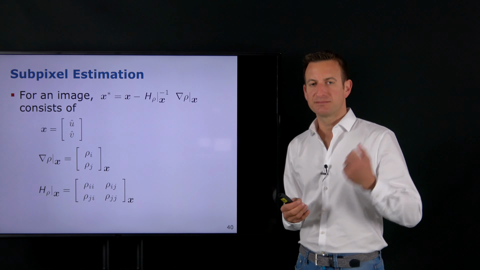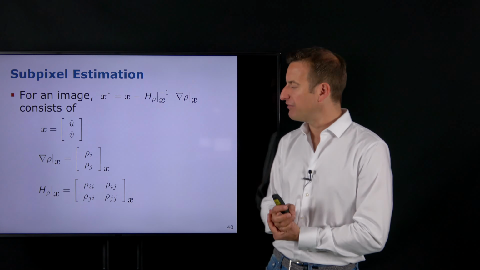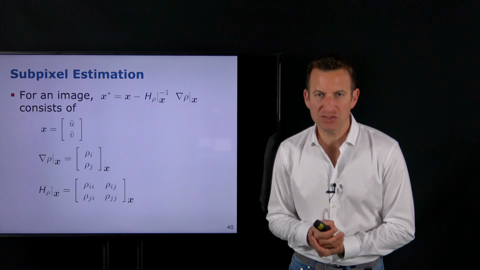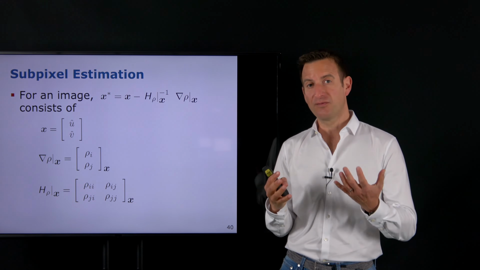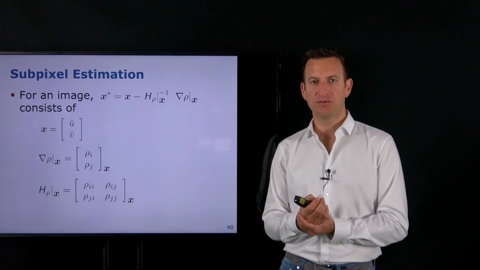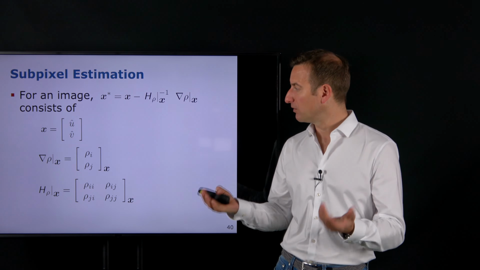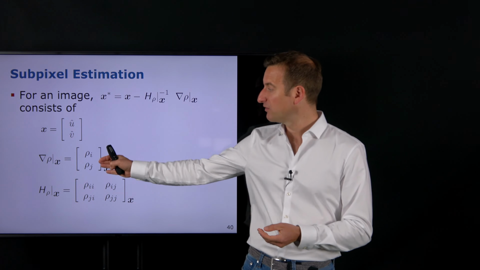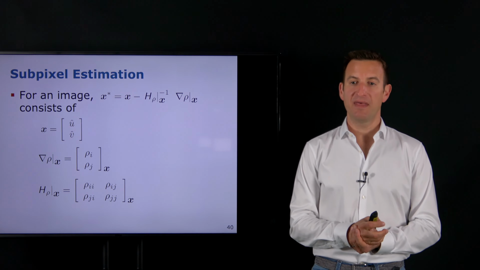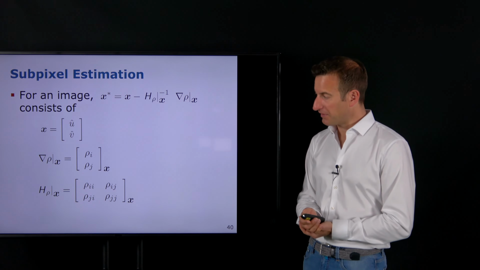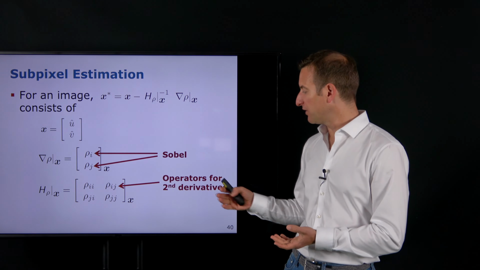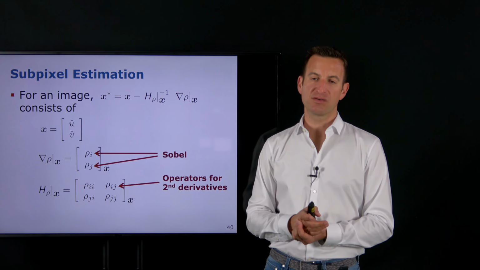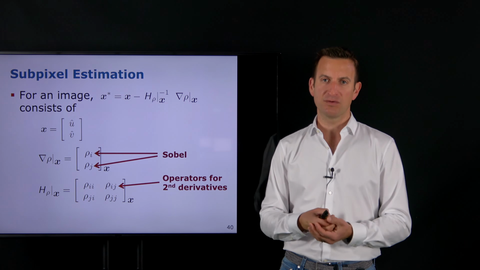Now, if you have attended the lectures on convolutions and how to compute gradients of images, you know that for an image we can very easily compute the gradient or the partial derivatives, which we need to set up the gradient and the Hessian matrix. We can do this, for example, with our Sobel operator, as well as with our other operators for the second derivatives that we have defined based on convolutions.